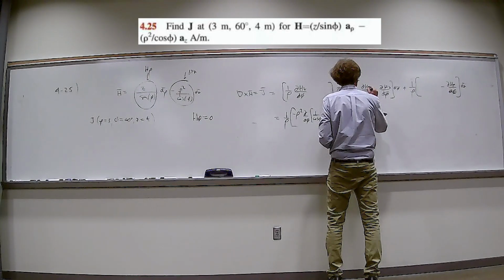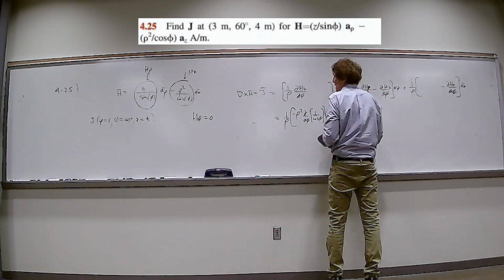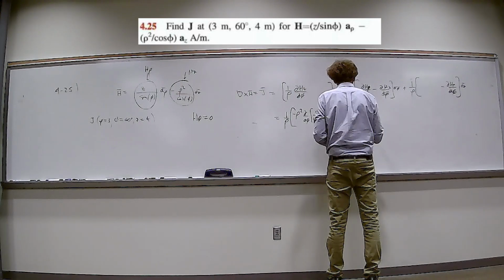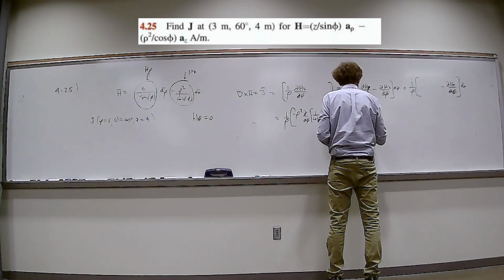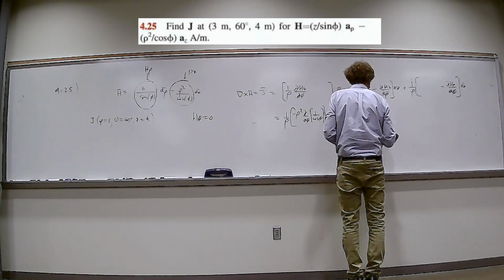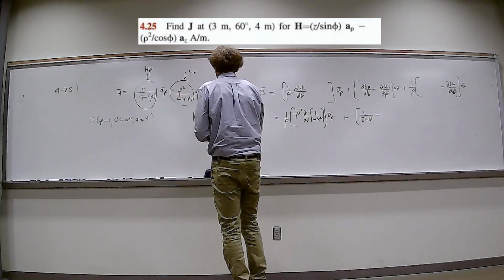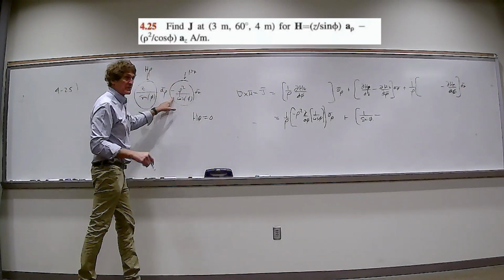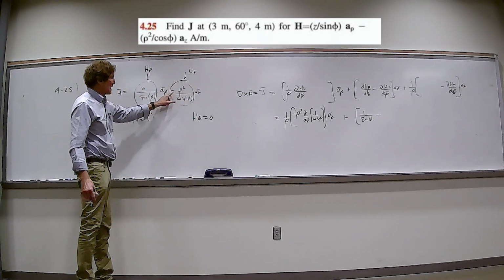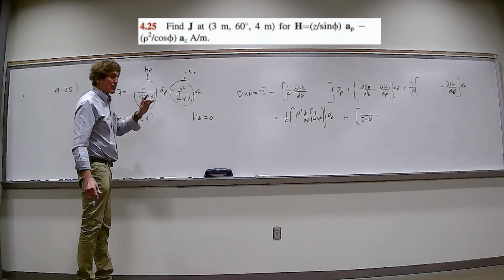And that's going to be simply 1 over sine theta, or sine phi, pardon me, minus derivative of hz with respect to rho. Take a look at this. Derivative of this with respect to rho is just going to be minus 2 rho over cosine phi.